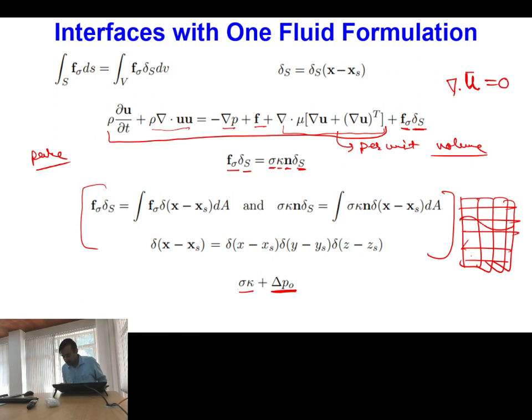But the cells which are containing the interface have a mixture of two fluids present. So in that scenario, we have to use some approach based on either weighted volume average or weighted mass average to define some equivalent properties for the mixture. Okay, so how that is done, I will discuss in the subsequent discussion.